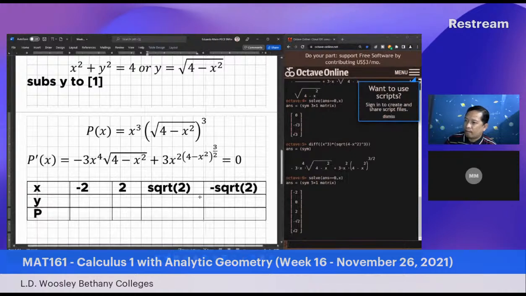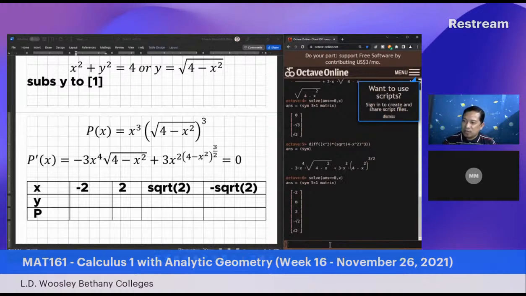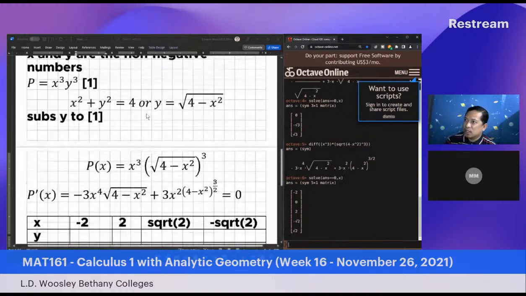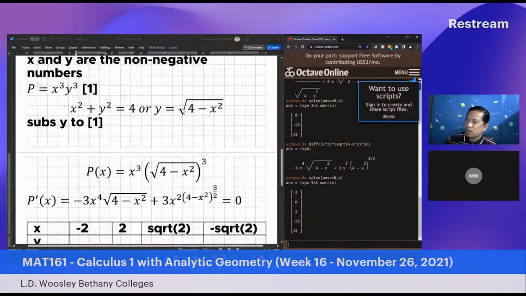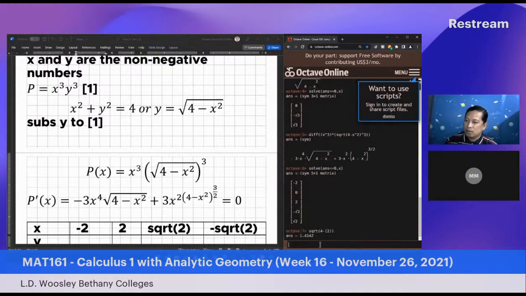Okay? Now, so we could solve for y. Actually, we could solve for y based on these assumptions that y is equal to square root of 4 minus x squared. Pwede na natin siyang computein dito, no? So, square root of 4 minus negative 2.